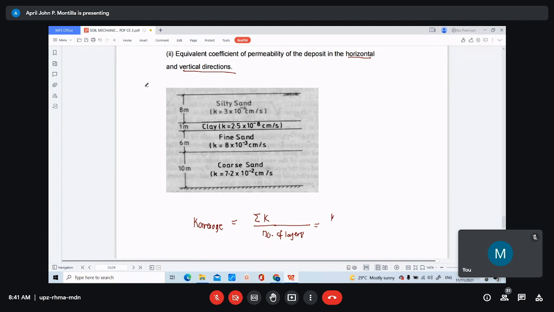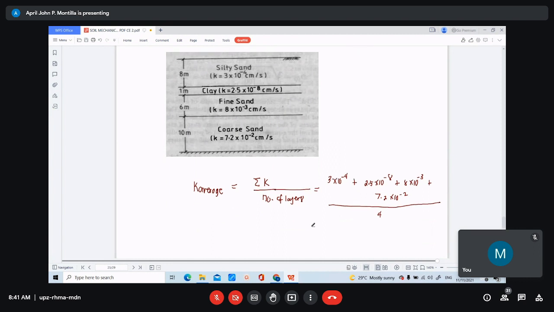This is 3 times 10 raised to negative 4 plus 2.5 times 10 raised to negative 8 plus 8 times 10 raised to negative 3 plus 7.2 times 10 raised to negative 2, divided by how many layers? 4. Regardless of the thickness, that is the average.